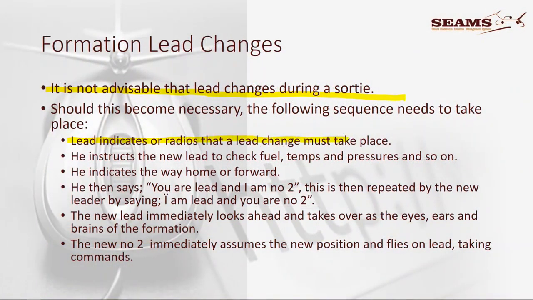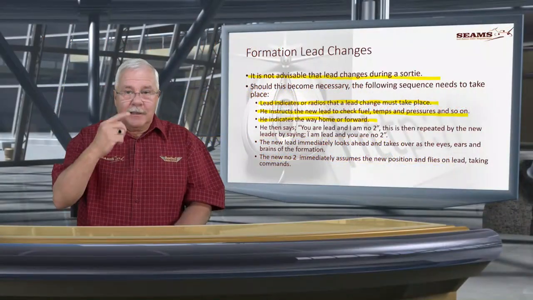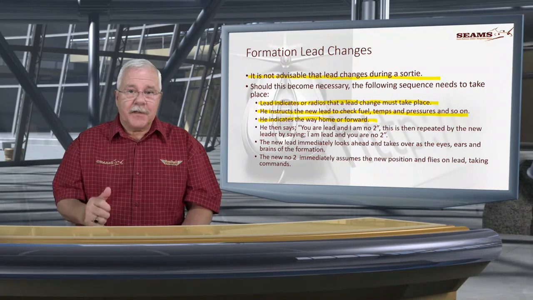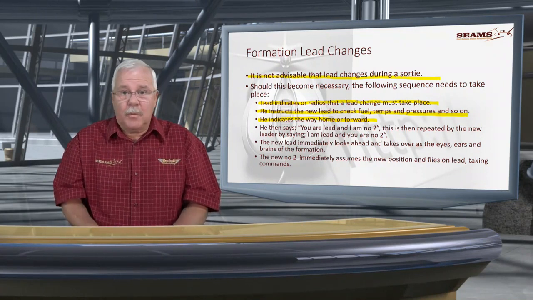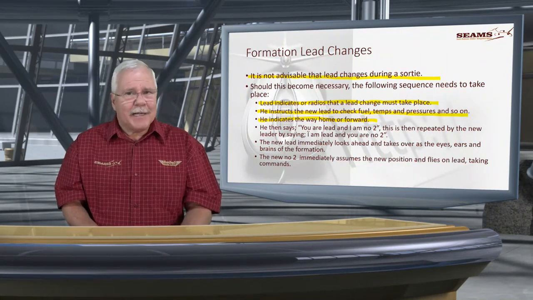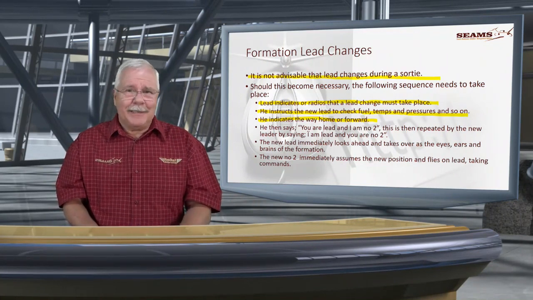Lead indicates a radial lead change must take place. He instructs the new lead to check fuel, temperature, pressure, and so on, because he's going to give it over. He indicates the way home or forward. Okay, don't use radials, because then the man has got to add 180 degrees.